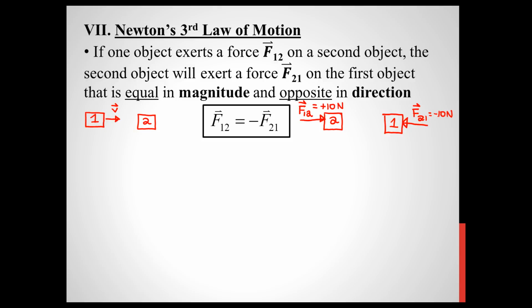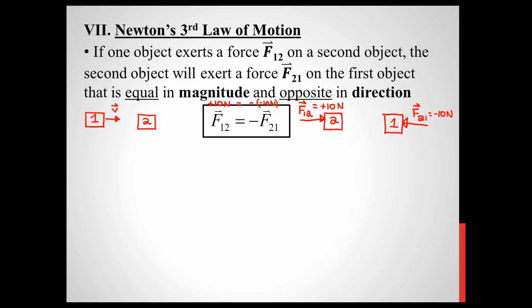And we can very, very quickly confirm that. F12 is positive 10 newtons. That would be equal to negative F21, which is in the opposite direction, so negative 10 newtons.